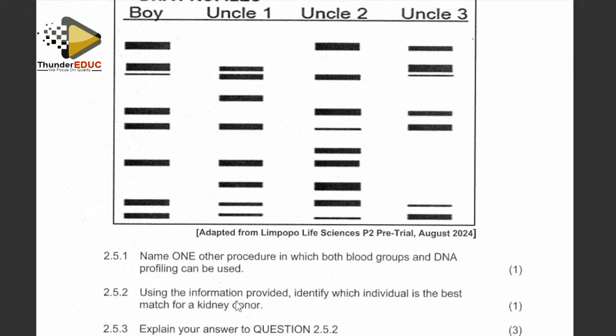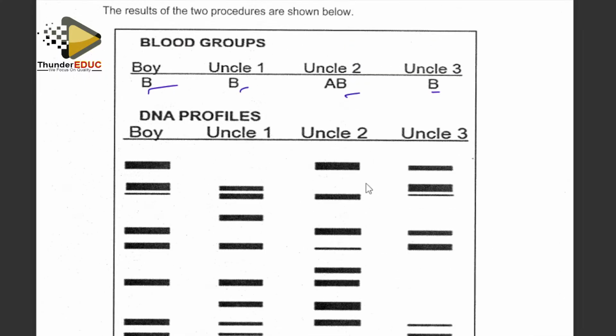Use the information provided, identify the individual that is best match for organ donor. This one, let's do it together. I think you use the ruler. So if there is any deviation, my screen is on the right, this matches, isn't it? This, it matches. This, it matches. This, it matches.